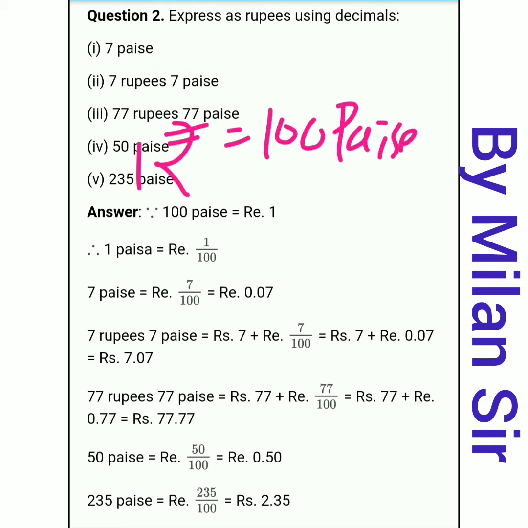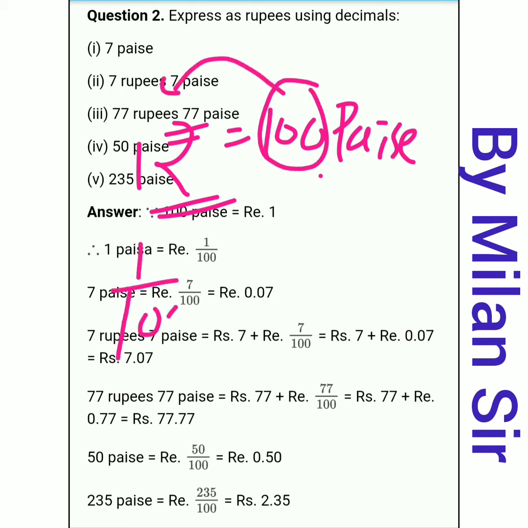Here rupees is the greater unit than paisa. So if we convert from a smaller unit to a greater unit, then we need to divide. Otherwise, we can think like this: if we transfer this 100 to the left hand side, it goes to the denominator.